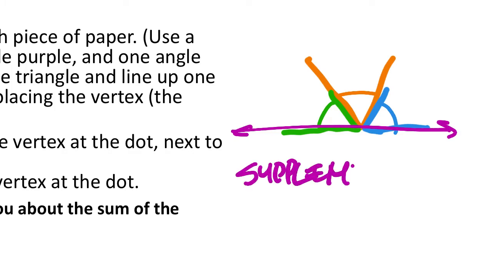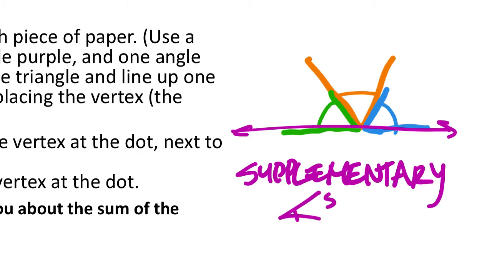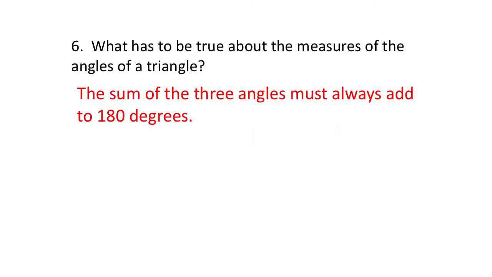Supplementary, it's kind of a big word. These are supplementary angles. It wouldn't matter what kind of triangle you drew, this will always happen. Which leads us to that other slide. Yep, the measures of the three angles for any triangle, they have to add up. The sum has to add up to 180 degrees. And again, that's a supplementary relationship.